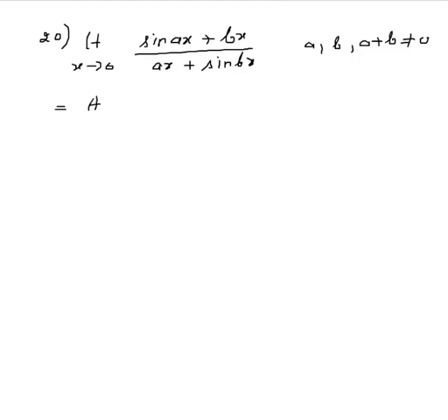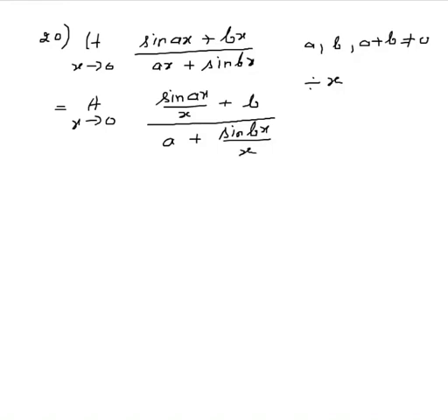Limit x tending to 0 of, I am going to divide each and every term by x. So I get sin ax divided by x, bx divided by x will become b, divided by ax divided by x is a, and here I will get sin bx divided by x.